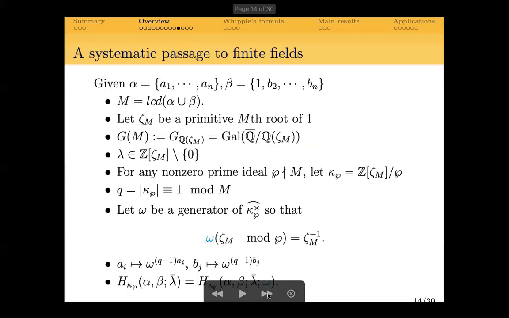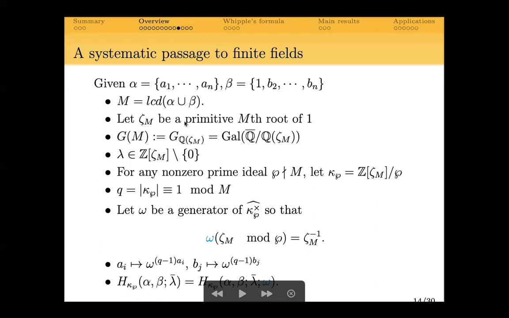All right. And now another thing I want to say is, of course, I'm telling you that you can write down more or less by dictionary how to go to the character sum. On the finite field level it could be pretty ad hoc at first glance, but you can make it very systematic. Again it's the same setup. If I have alpha, beta as before, m is the least common denominator of a_i and b_j, I will let zeta_m be a primitive m-th root of unity.